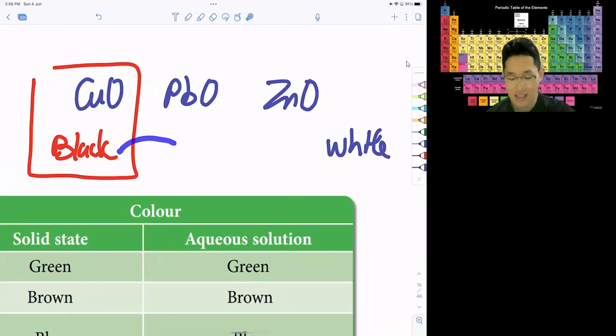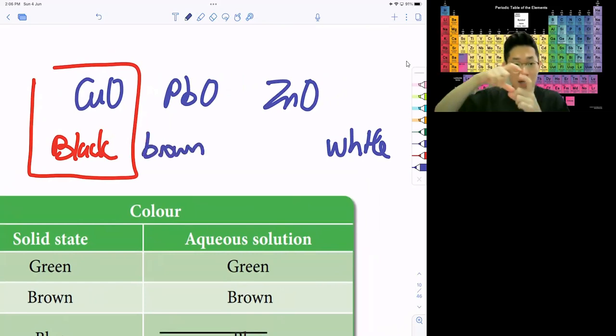Black. The next color group after black is brown. Usually another color group, you don't say gray, because gray is part of black.